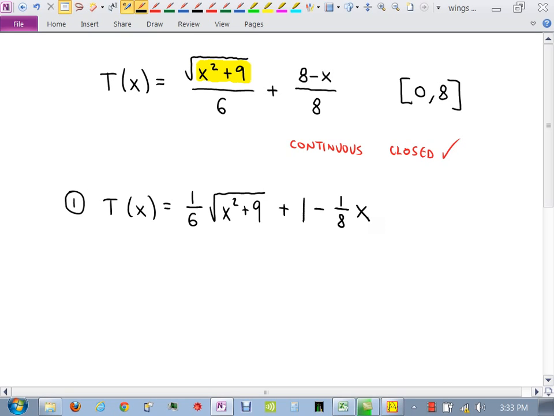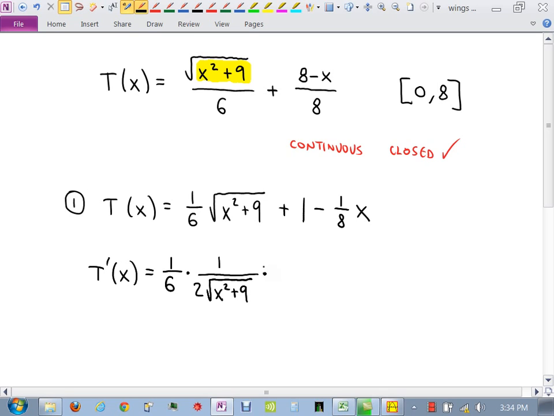Ready? Derivative time? Okay, derivative of this thing here. 1/6 is just going to sit here, times, what's the derivative of square root of something? 1 over 2 root of that something, right? But then you have to come through with the derivative of what's inside.